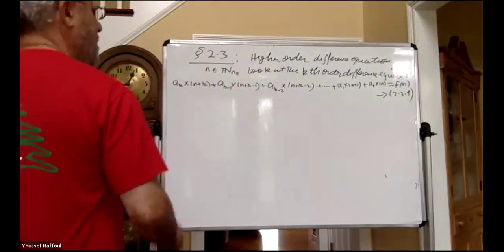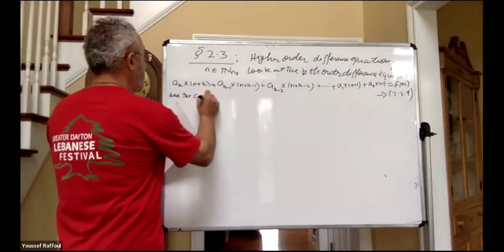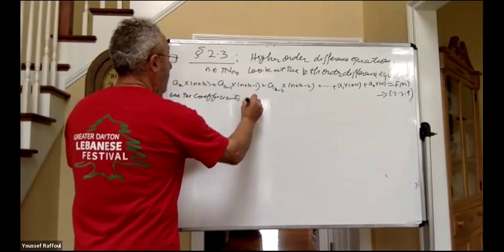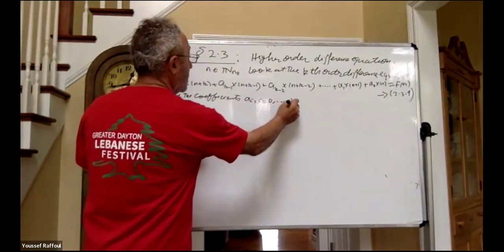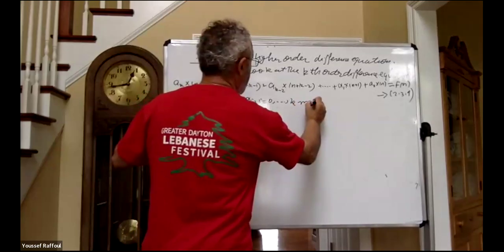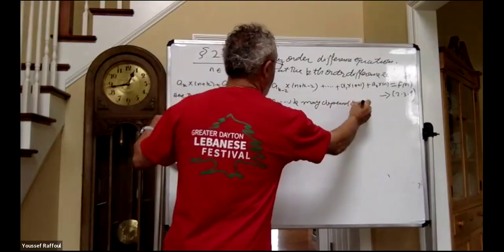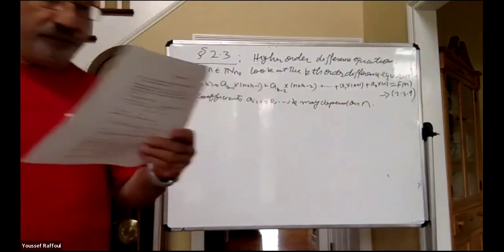So here, the coefficients a_i, i equal 0 all the way to k, may depend on n. Okay, maybe variables.